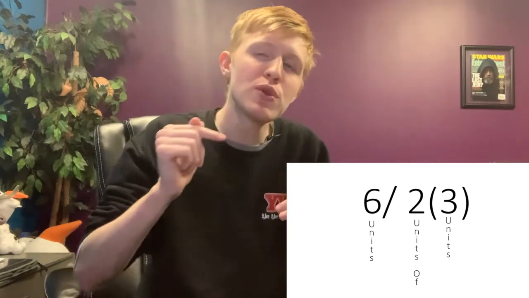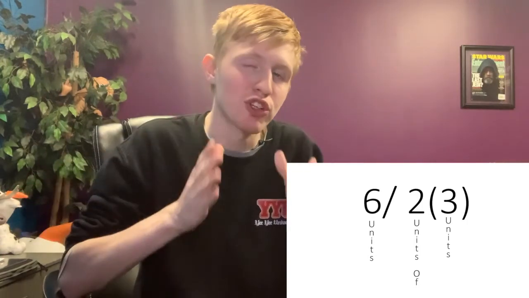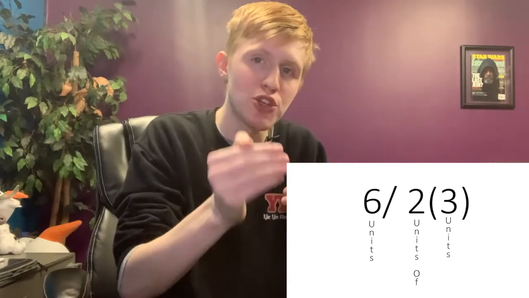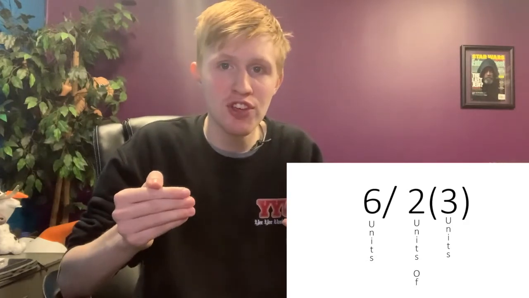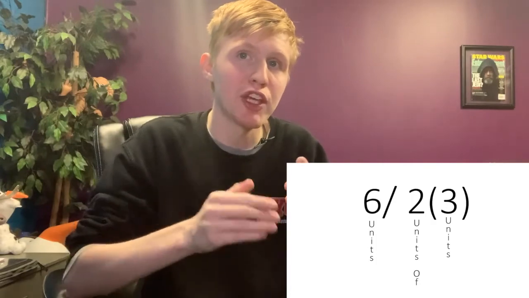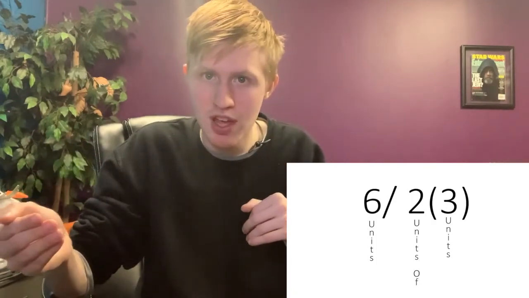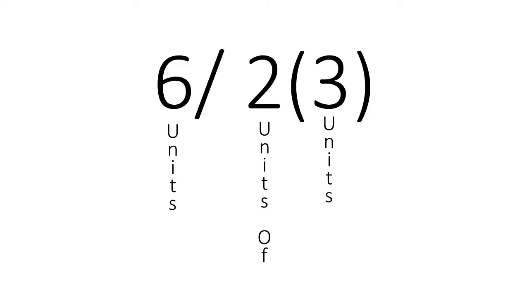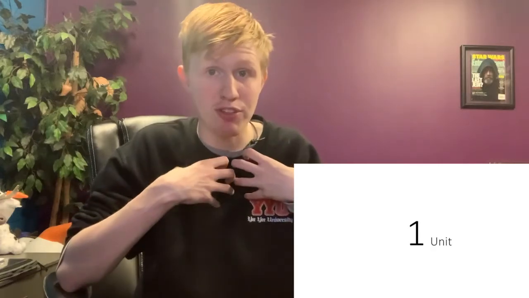If it's 2 units of 3 units, that is first what we have to solve, because 6 units divided by 2 sets of 3 units is unsolvable before we figure out what 2 sets of 3 units is. Therefore, 6 units divided by 2 sets of 3 would be 6 units divided by 6 units, leading to an answer of 1 unit. Now, this is just my interpretation, and of course, millions of people have their own.